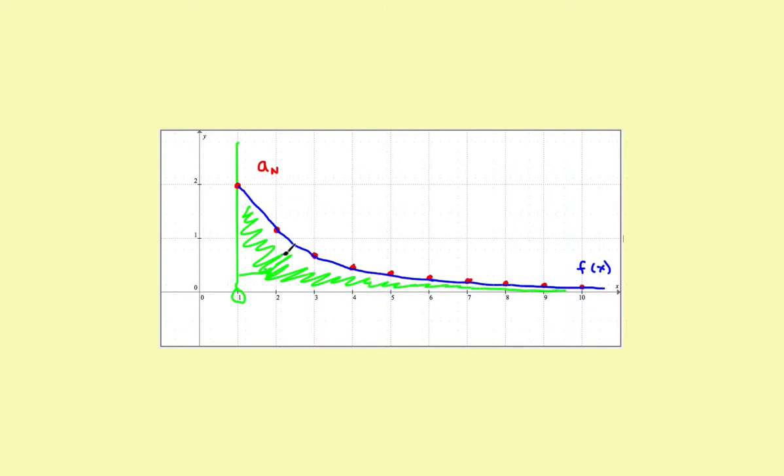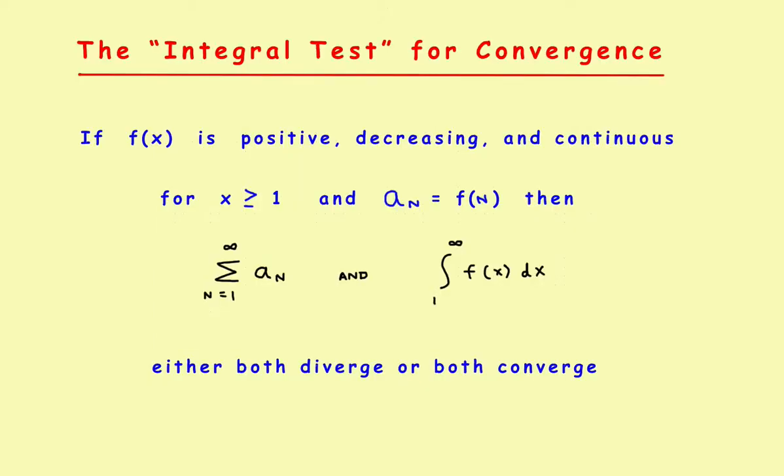So if you evaluate the integral, you'll get that green shaded area. And again, if it turns out to be a fixed number, then the integral converges. What this rule says is that if the integral converges, then the series also converges. But if the integral diverges, then the series diverges. So whatever happens to the function, the same thing is going to happen to the series.